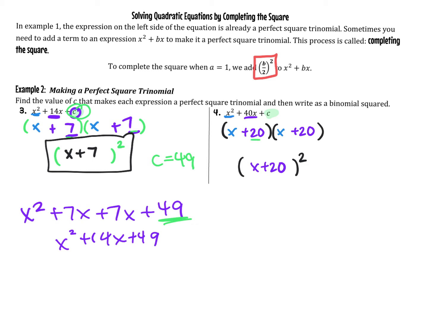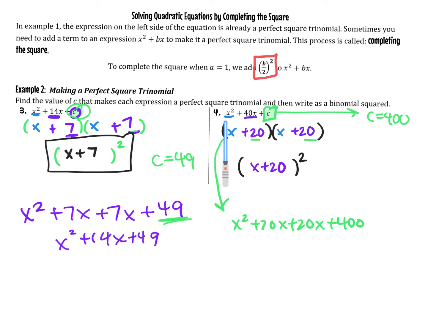But if I multiplied these two sets of parentheses out, I would get x squared plus 20x plus 20x plus 20 times 20, which is 400. So the number that I would need to be in this C spot would be 400. So if this said x squared plus 40x plus 400, I could factor that to be x plus 20 quantity squared.